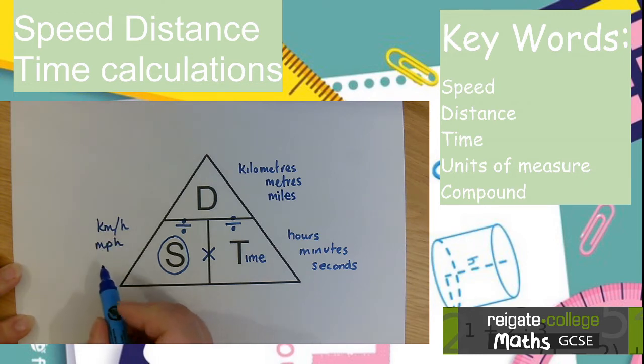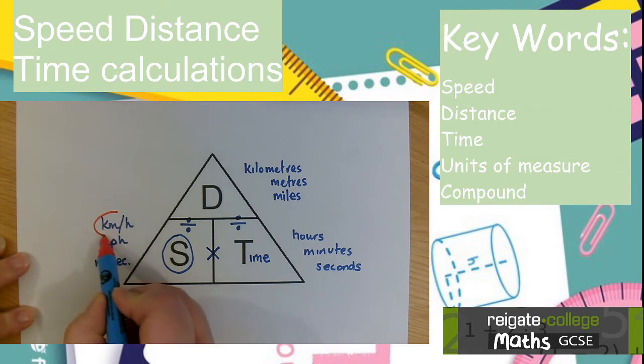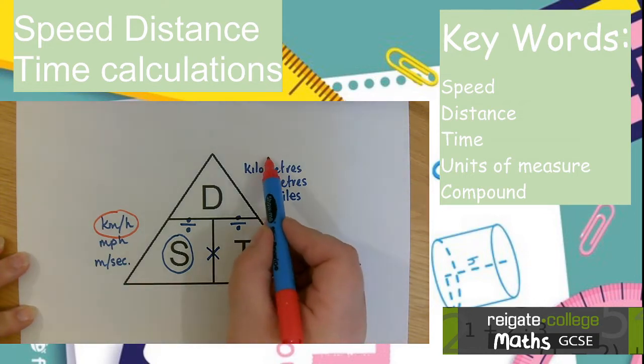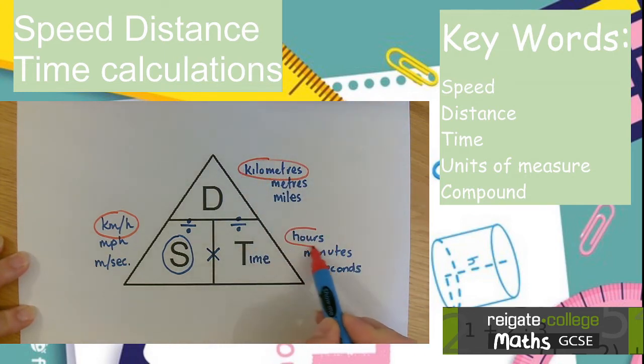If we have a much shorter distance, we might be measuring metres per second. If we are using the speed kilometres per hour, the units that we need to use in our calculation are kilometres and hours.